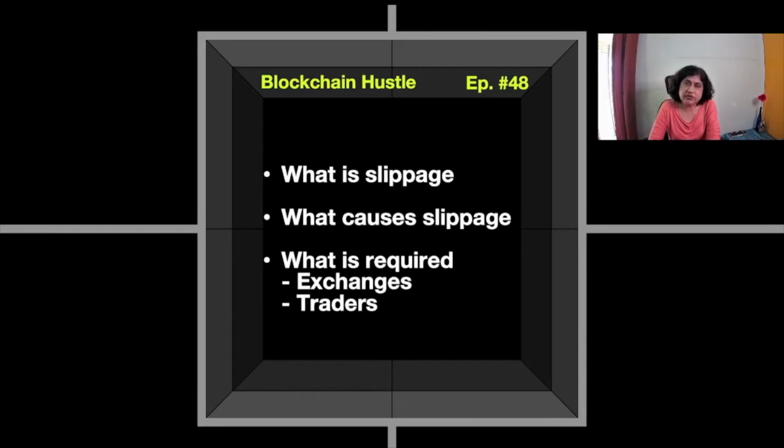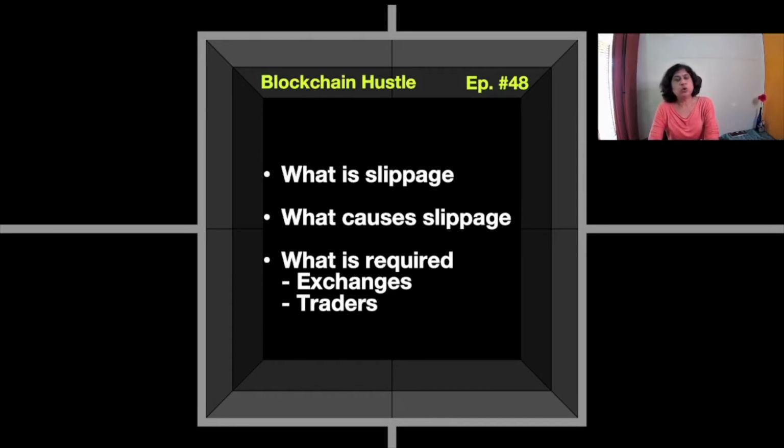Secondly, when we compare traditional versus crypto trading, specifically the order books, we see that the order books in crypto trading, generically speaking, are shallow and have pretty volatile pricing. So these are a couple of reasons why slippage is more common in crypto trading as compared to, for example, traditional equity trading.